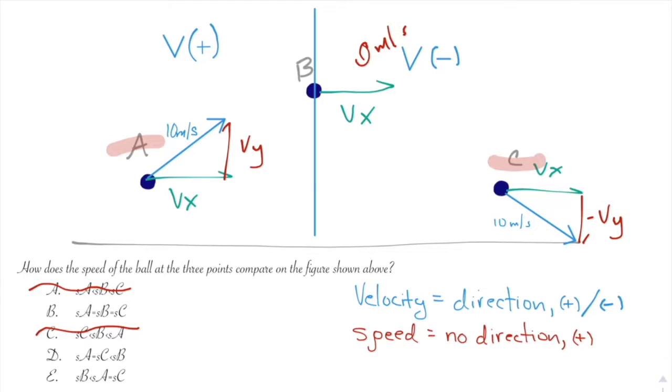And so that would mean that the speed at point B is less than the speed at point A, which is equal to the speed at point C. So the answer is not going to be B, because that says that all speeds are equal. And then the answer is not going to be D, because that says that the speed at point B, or the peak height, is greater than the equal speeds of A and C. And so that leaves us with E as our answer.